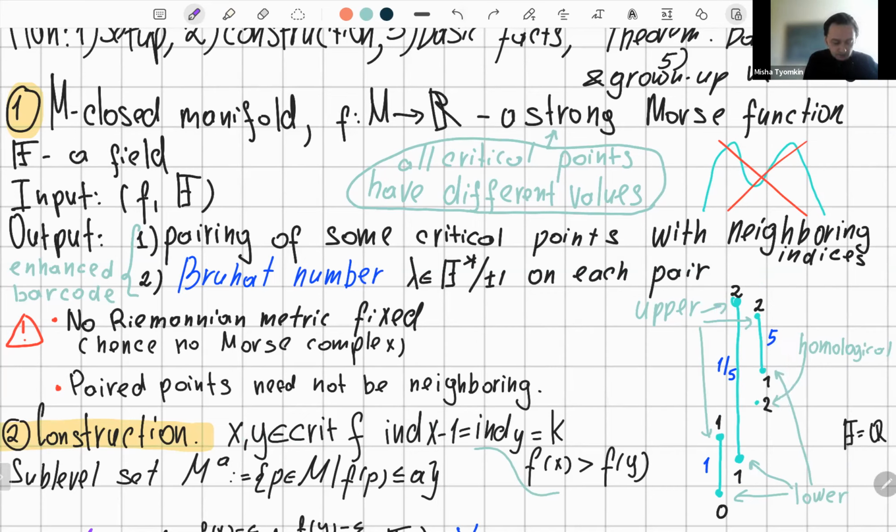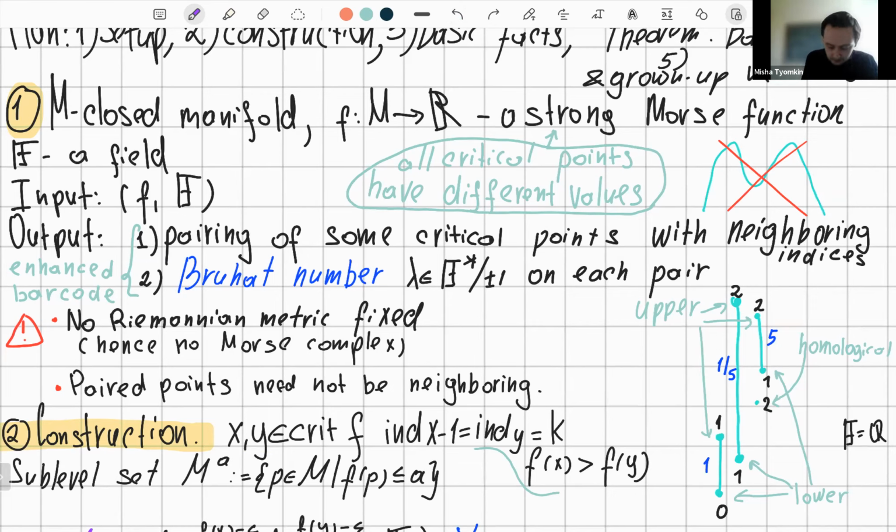Good. So now I want to pass to the construction of this invariant. How do I construct this enhanced barcode given a function and a field? All right, so what do I have to do basically? Given 2 critical points of the function f, x and y, I have to tell you whether they're connected by a bar, whether they're paired or not, and if they are, what is the number on this pair.